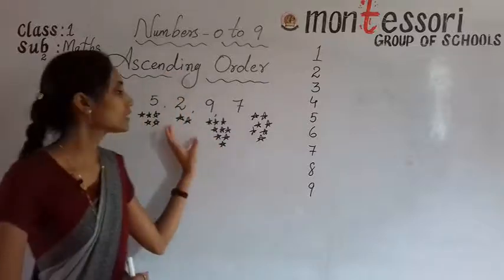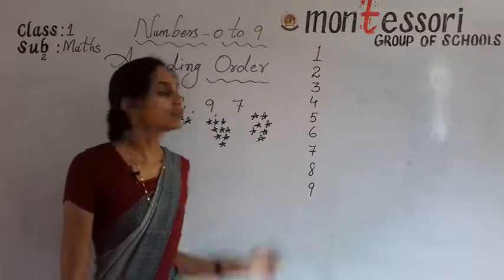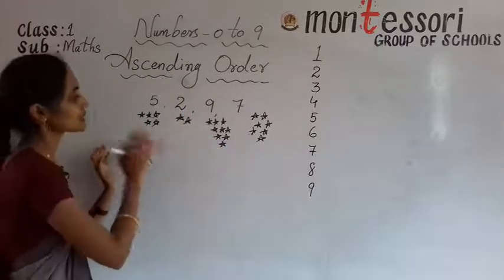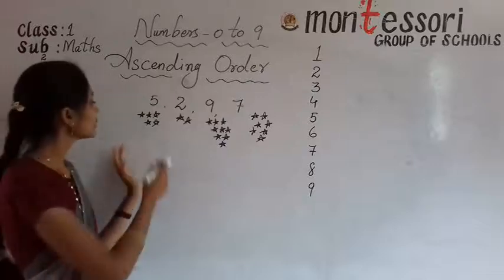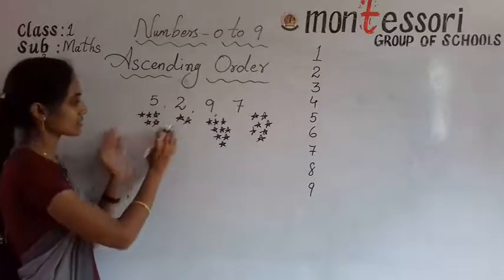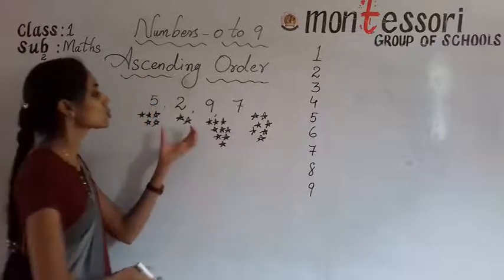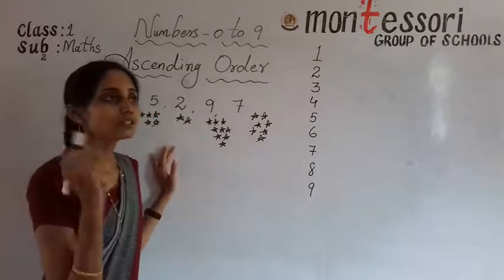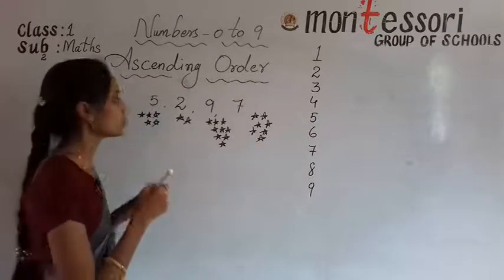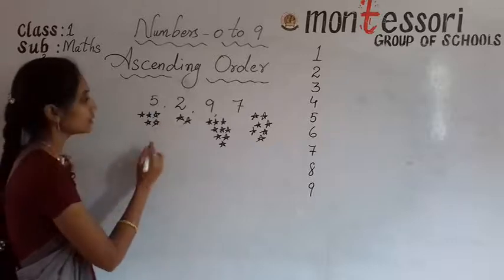Which number has fewer stars? 2. So which is the smallest number here?